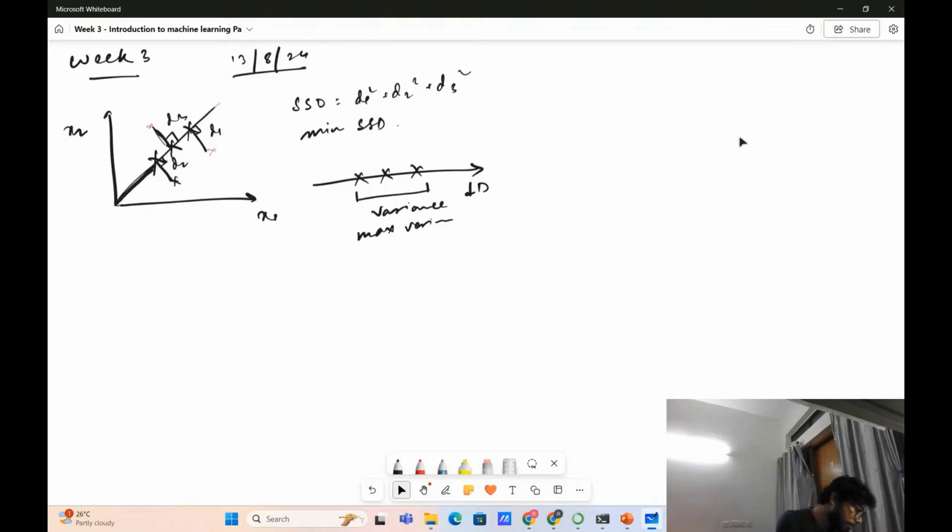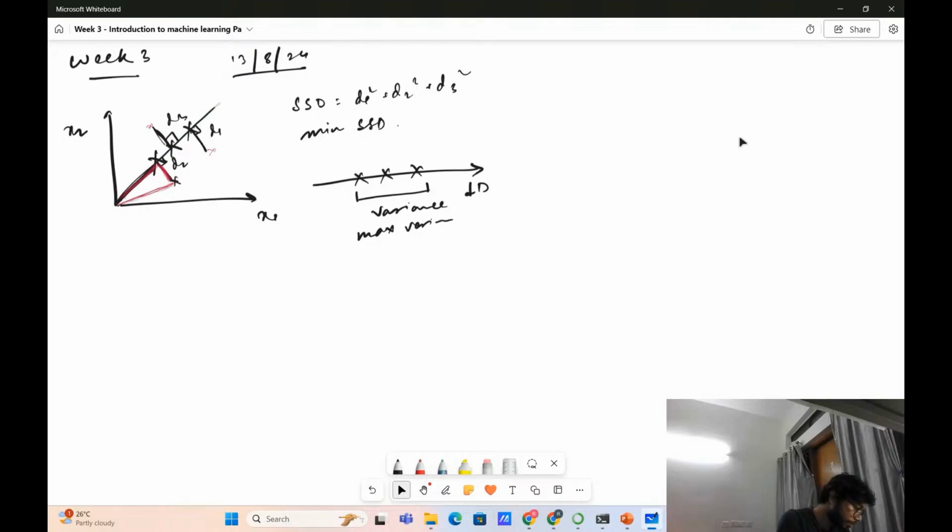And how are they equivalent? I think you all know about Pythagoras theorem. So you see this is the hypotenuse, right? This is the height, this is the base. So if you are minimizing the sum of squared distances, then you have to maximize this thing, right? So lowering this, keeping the hypotenuse constant, is basically increasing this thing.